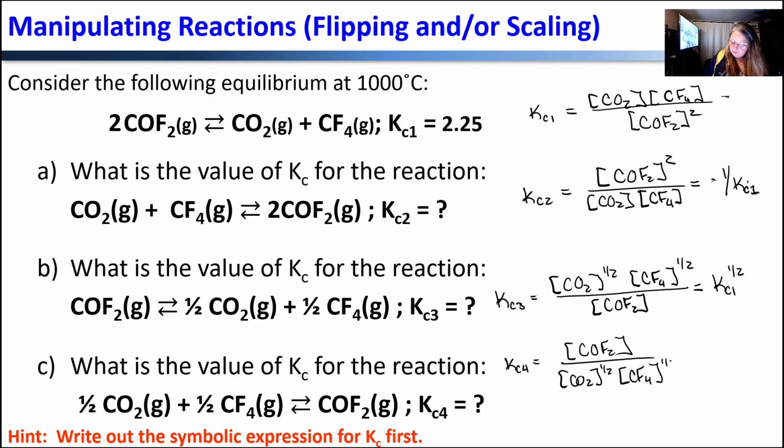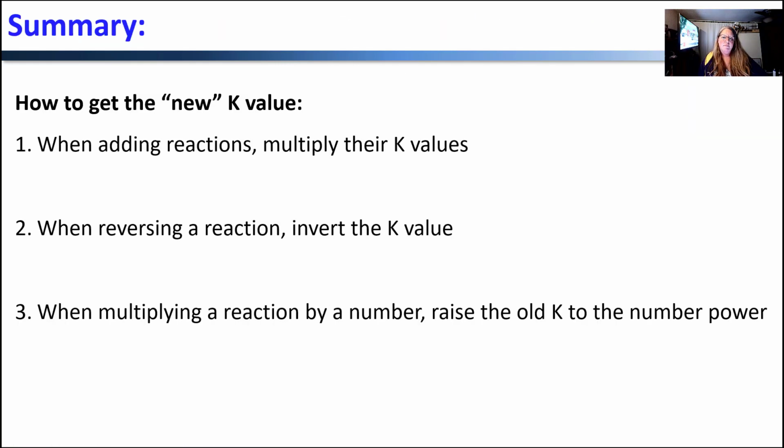Okay, so now let's think what we've done to Kc1. Well, we flipped it, so it definitely equals 1 over Kc1. And I multiplied it by 1/2. So I'm going to raise my Kc1 to that power. There you have it. So if I do more than one thing, I just need to do both steps, if you will, to the equilibrium constant, and that takes care of it.